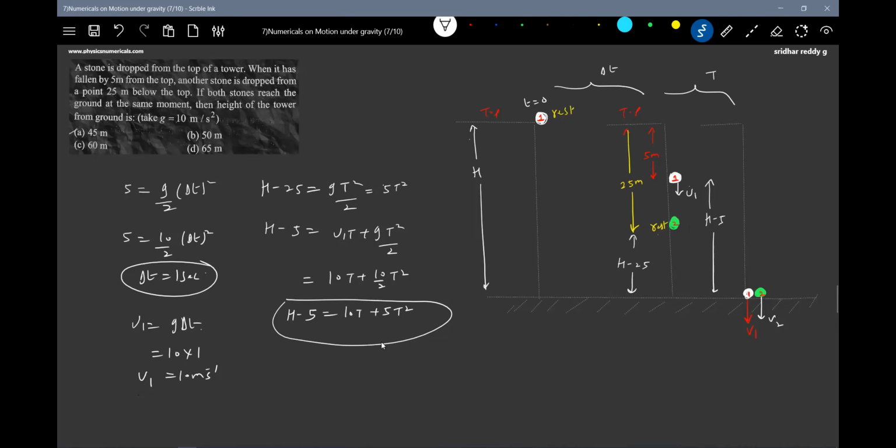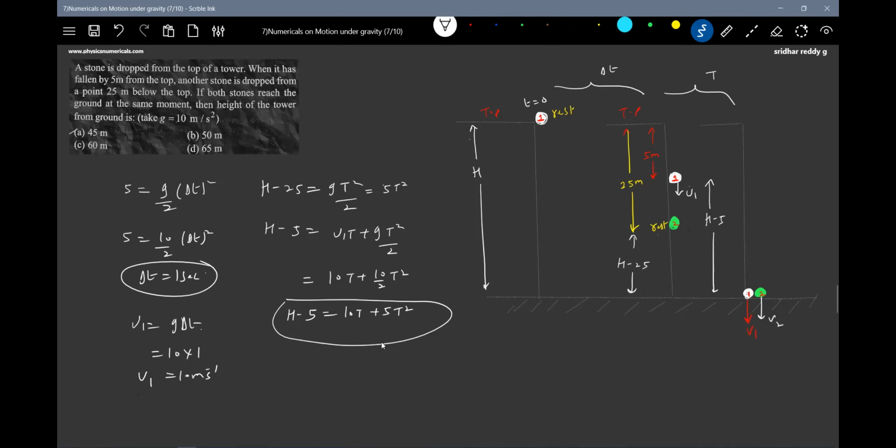Now we will do one thing. H minus 5T square value is how much? H minus 25. Can we calculate anything? H minus 25. Let me look at the calculation first. We know U1, no?